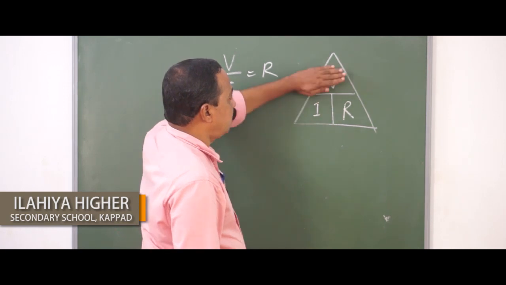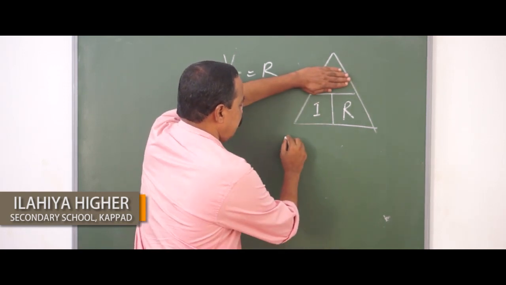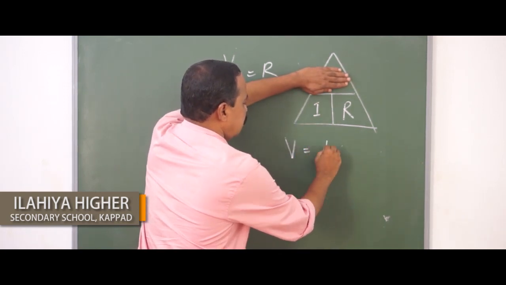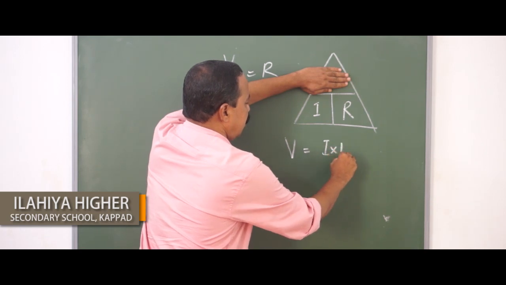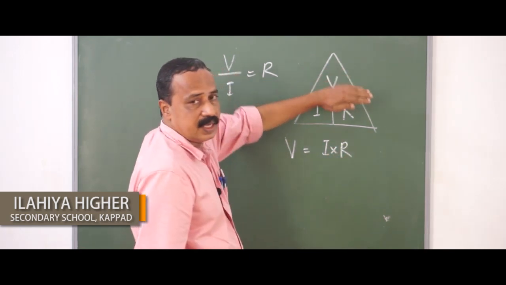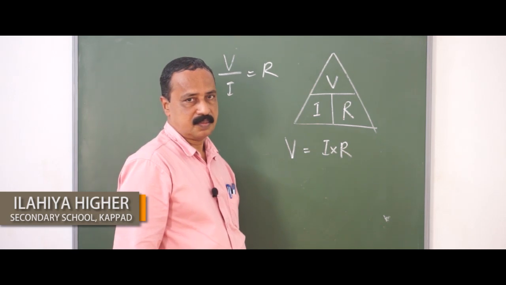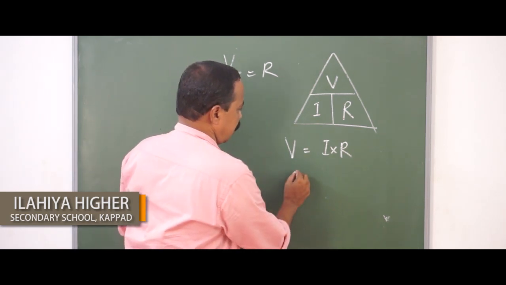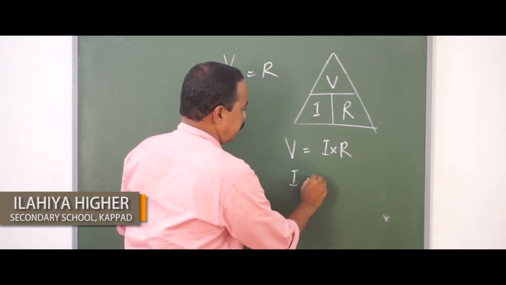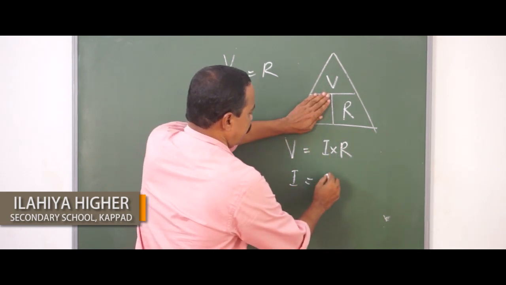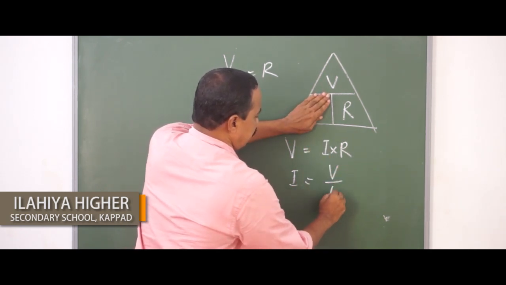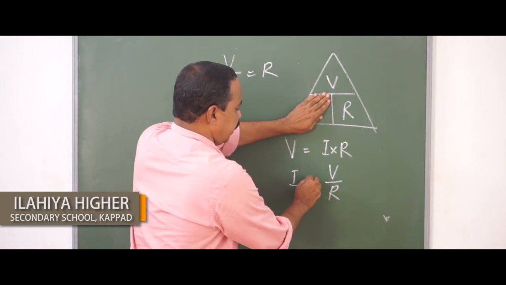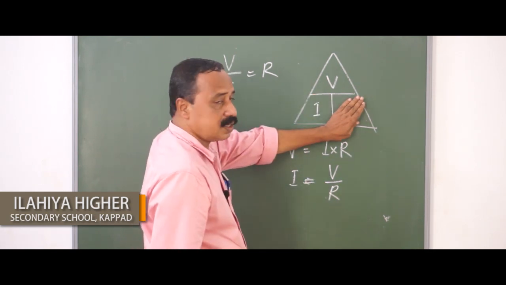If you want to find the voltage V, potential difference, V equals I into R. I equals V by R. What is R?